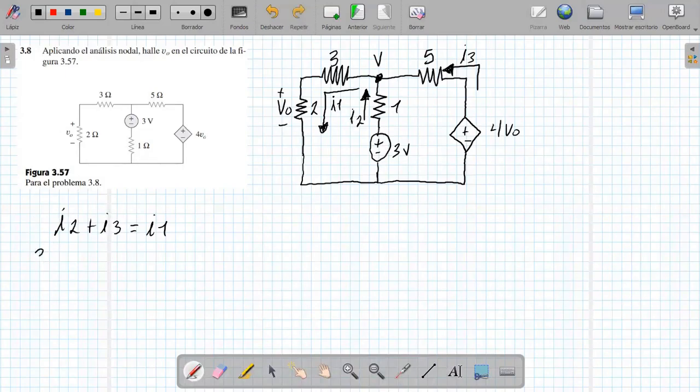It is 3 volts minus V over 1, plus I3, and I3 is 4 V sub 0 minus V over 5.